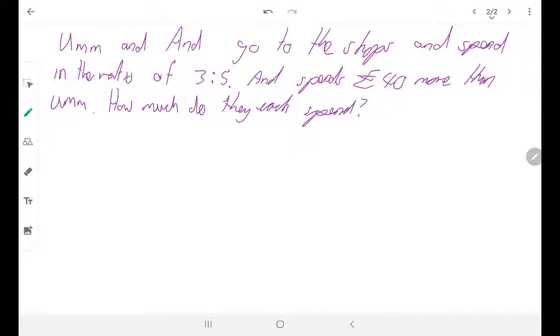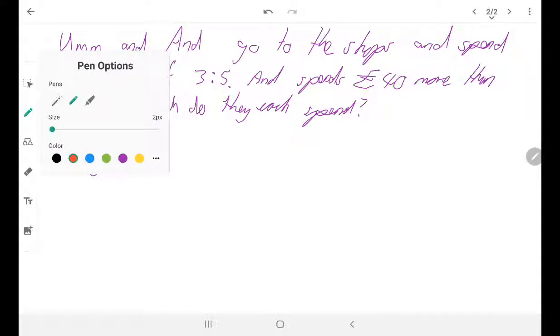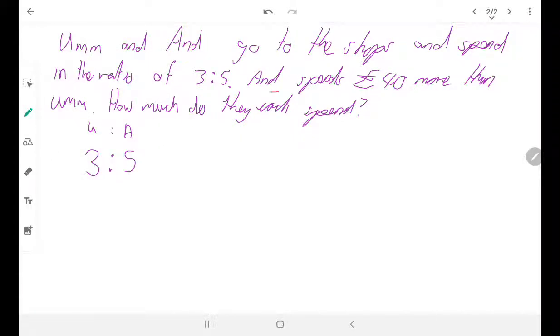So I always just write the ratio down. So we have two, in the ratio of 3 to 5, and then we need to write down what we know. So in this one, let's change colour a second. Well, spends £40 more.